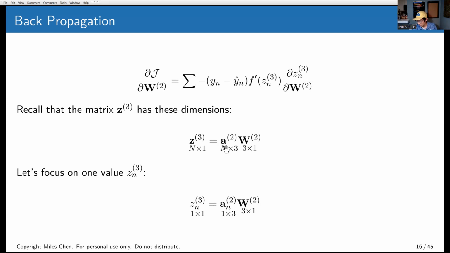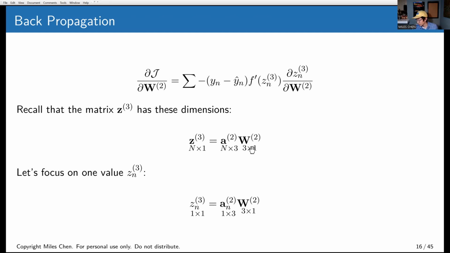Going into that, we have the A2 matrix, the result of that second layer, the hidden layer. The hidden layer has 3 columns, and we have n observations, and we're multiplying it by that weight matrix, which is 3 by 1.